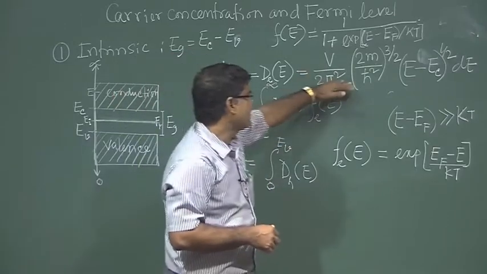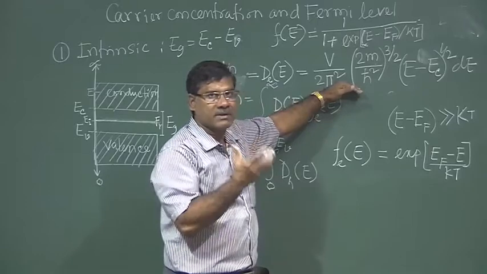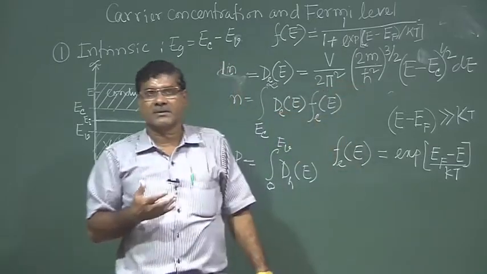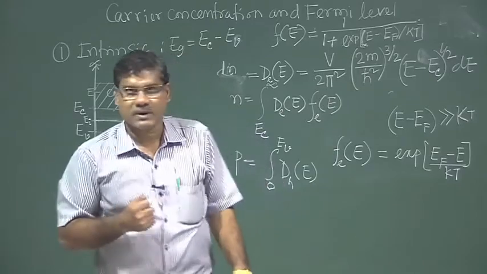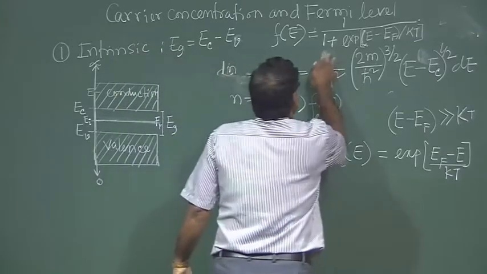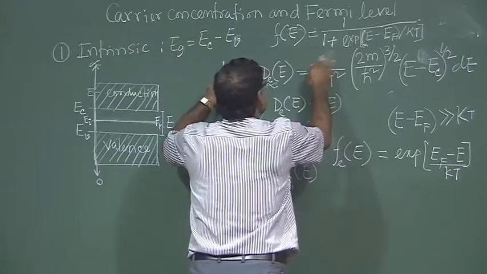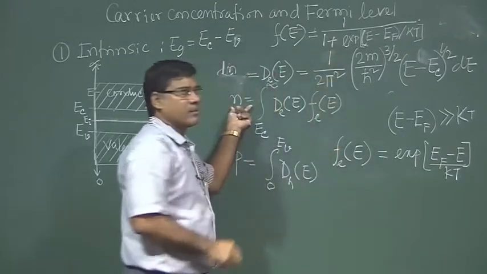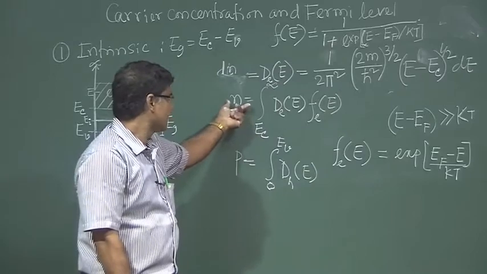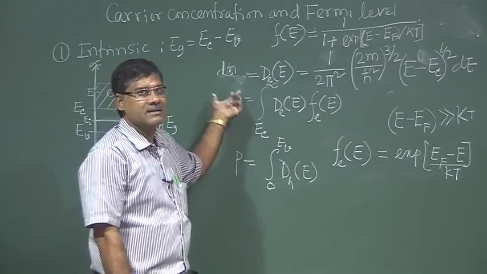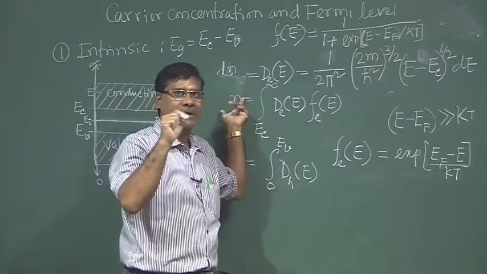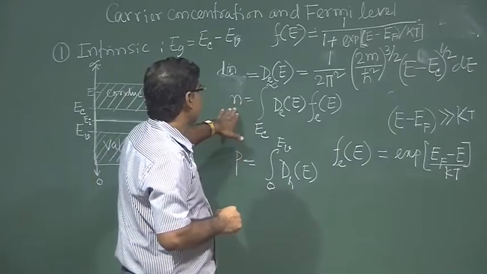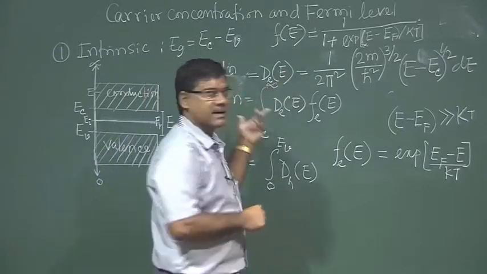Now, if I divide by V, the volume of this material, it will be the density of states per unit volume. So, this dN or N is basically per unit volume. Density of states or density of electrons, because in each state there is one electron. So, the density of electrons N is per unit volume.